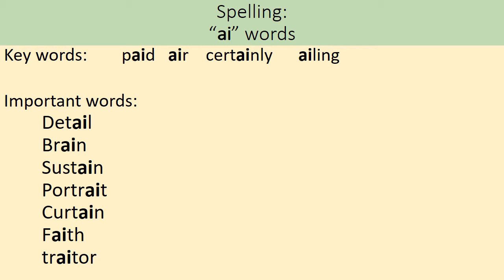And these other words like detail, brain, sustain, portrait, curtain, faith, and traitor. In all these words, you find the combination of the two vowels A and I together to give this spelling. You have to know the correct spellings and use them properly.